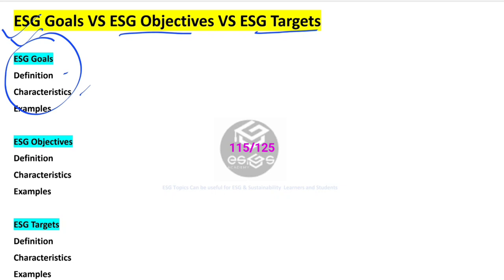ESG goals definition: we can say the ESG goals are broad, overarching statements that articulate the organization's aspirations and long-term ambitions related to sustainability, social responsibility and governance practices. What can be the characteristics of the goals? We can say strategic directions.